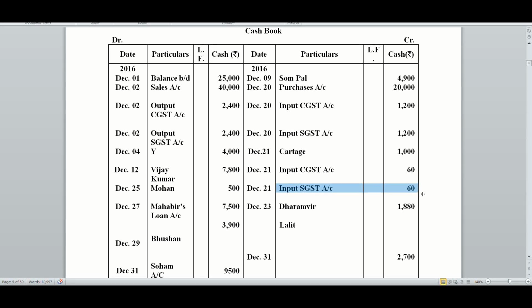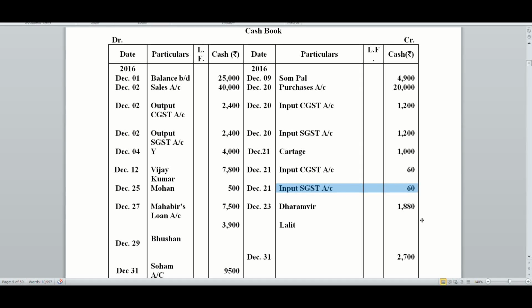Then friends, the next one is you remitted to Dharamveer 1,880 and discount allowed by him, that is discount received. So we are paying Dharambir 1880 and discount received 120. So what will be the journal entry?